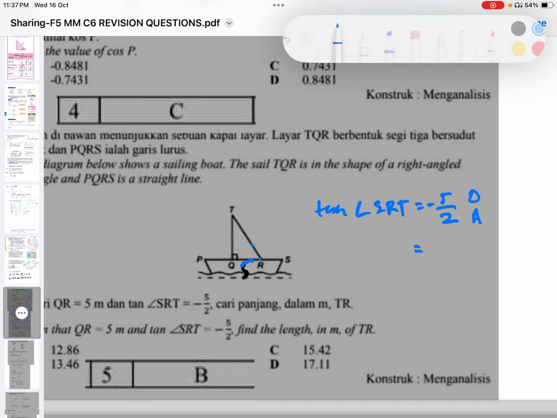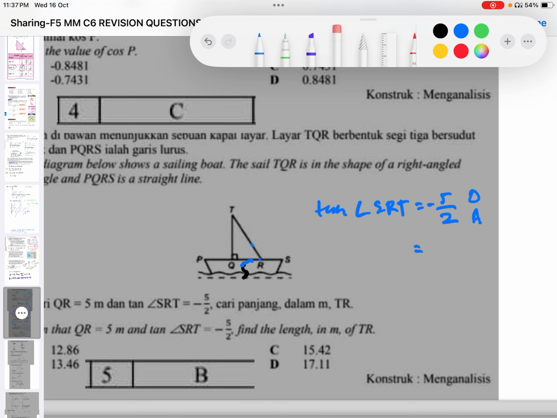So this is going to be positive. So this is going to be the corresponding angle, the other one, which is TRQ. This is going to be 5 over 2. Okay, so 5 will be the opposite and 2 will be the adjacent.